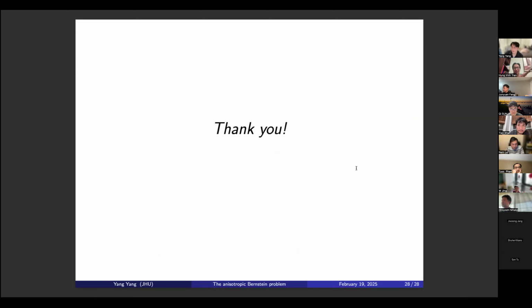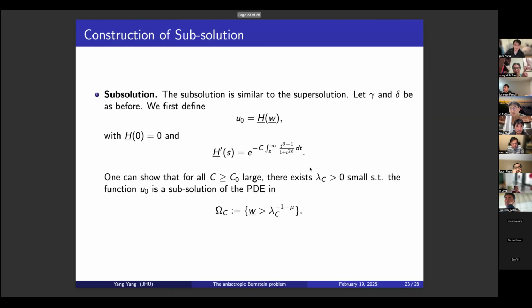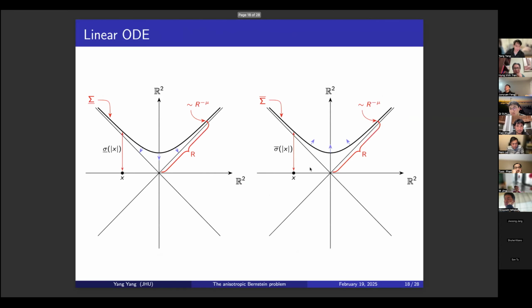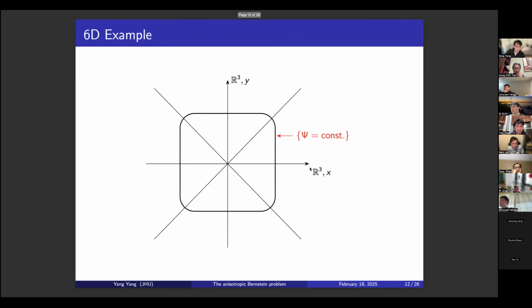So while we are waiting, let me ask: as you mentioned, it's for even dimensions. What happened with five? It's a good question.